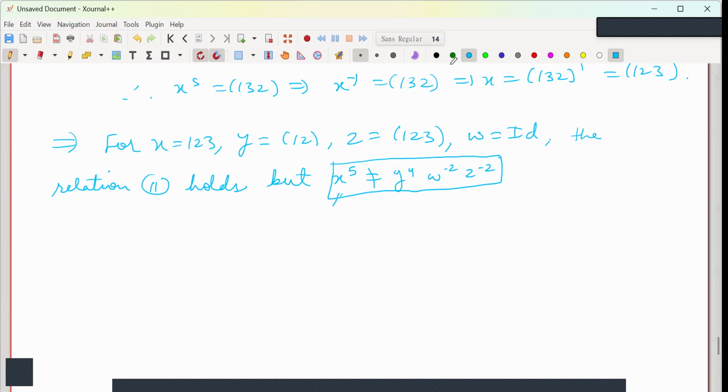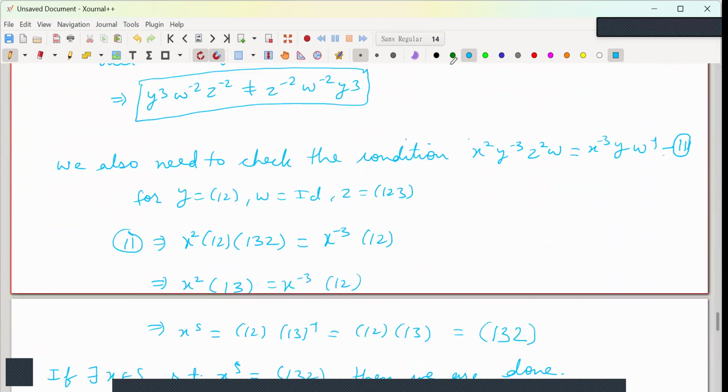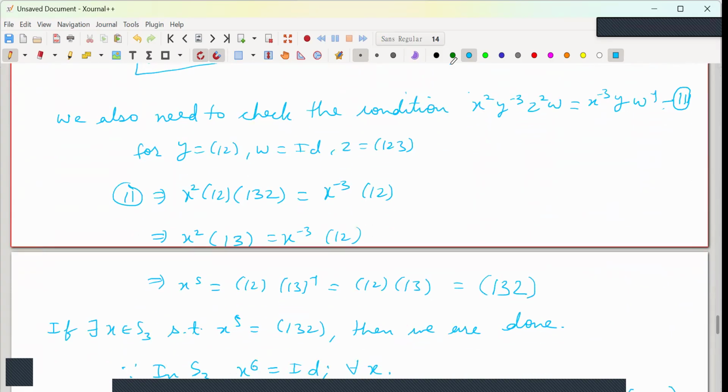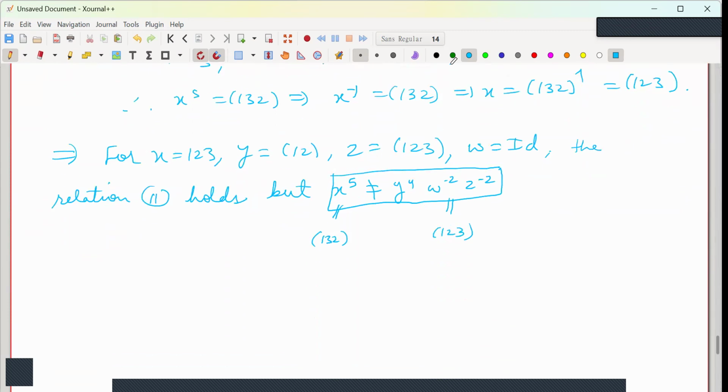So this part is inverse of 123, that is 132, and this part is just 123. So they are not the same, but for these values of x, y, z, w, our initial conditions hold. Initial condition was this, so this condition holds. So that's it. This particular choice of x, y, z, w, and G equal to S3 works.